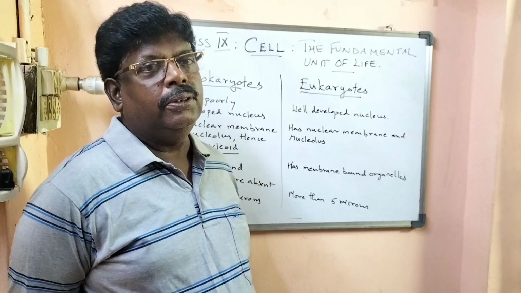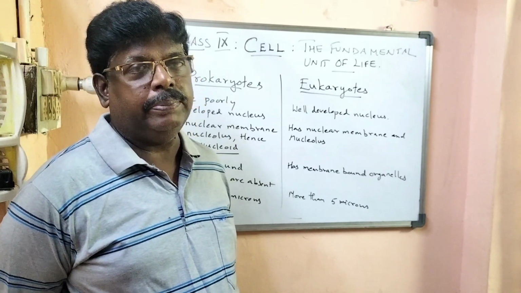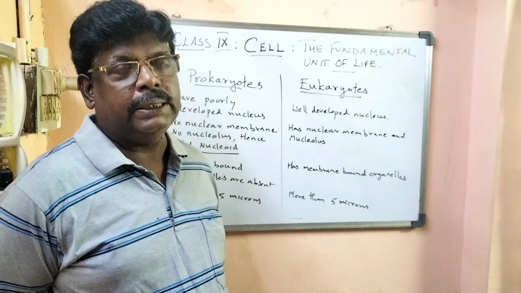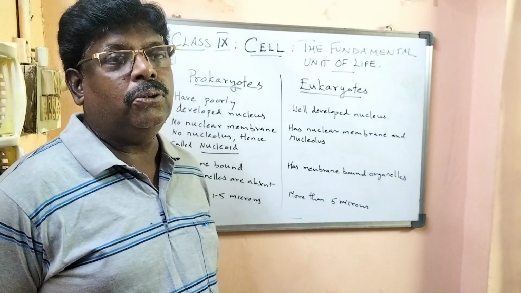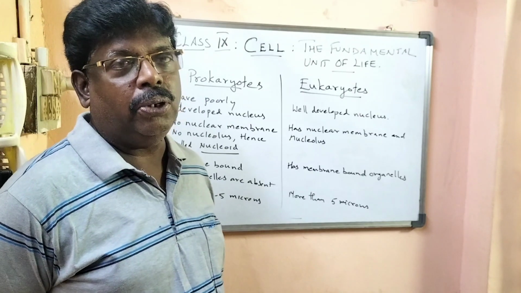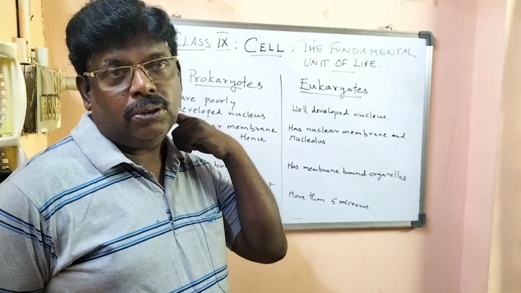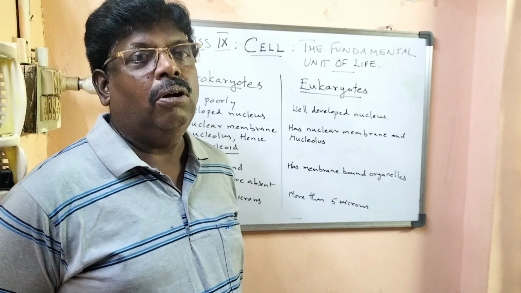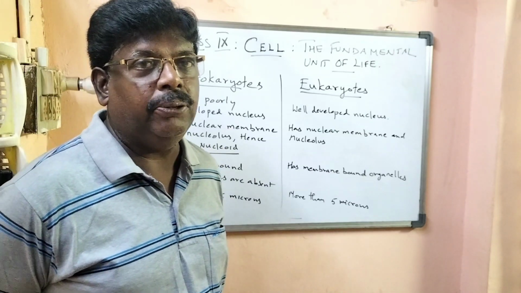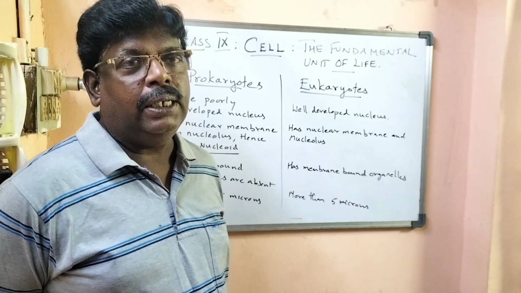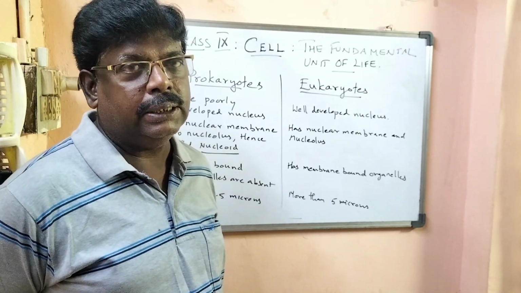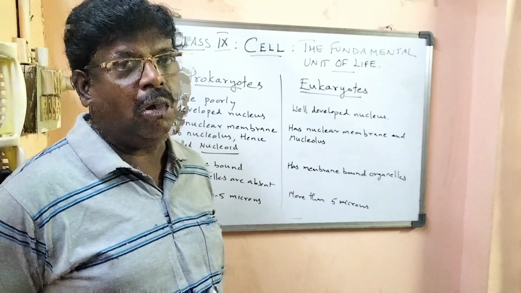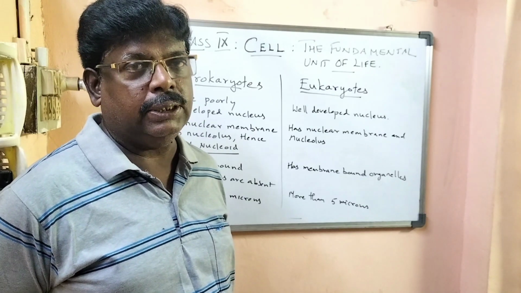Nucleus is present, but even though it is present, it is very poorly developed. There is no nuclear membrane, there is no nucleolus. Hence, it is also known as nucleoid, or incipient nucleus.